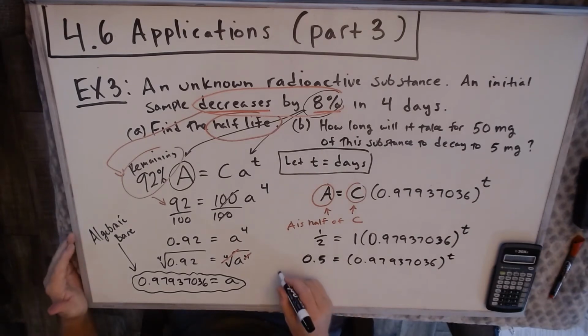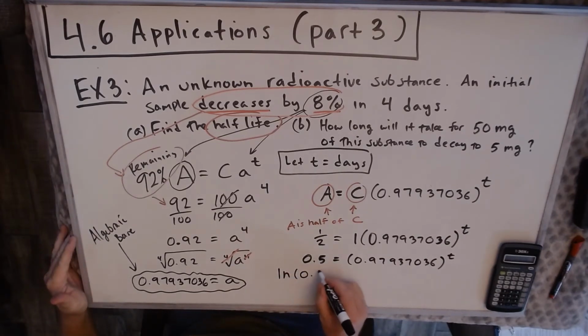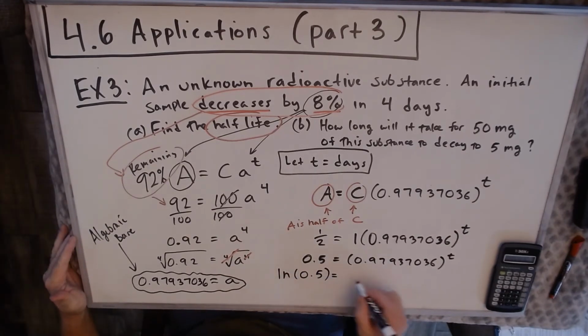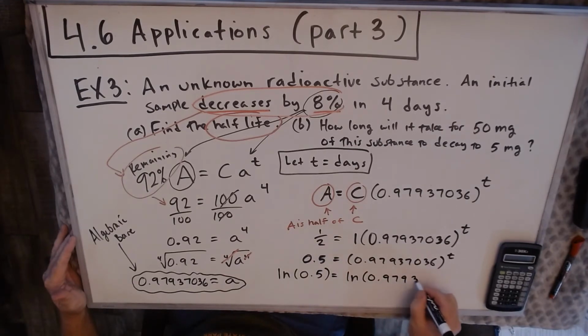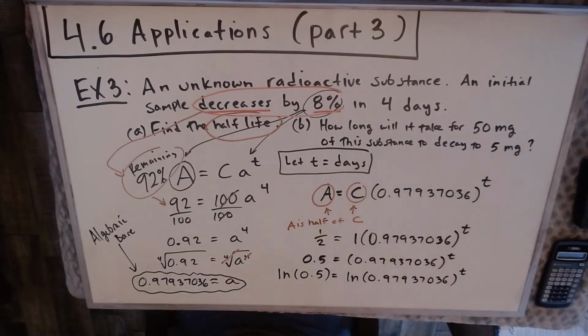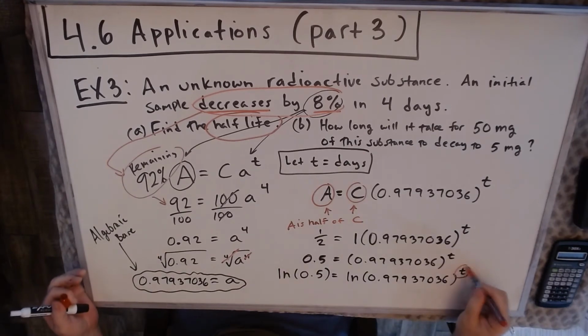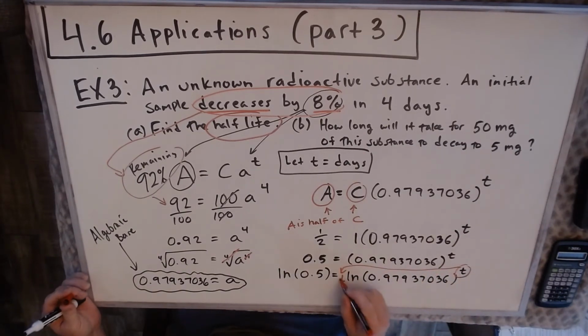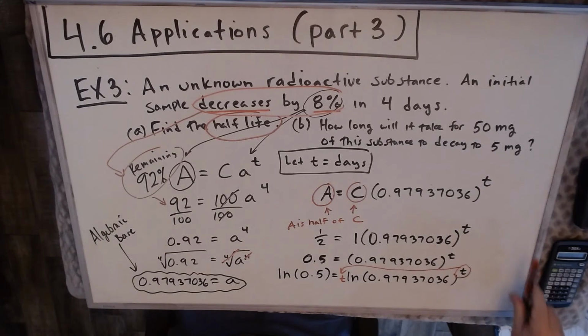So now we're going to take the ln of both sides, the natural log of both sides. And you know where to go from here. Same step as always. You're going to bring your exponent down to the front. There's our t, and we're going to divide both sides by t.